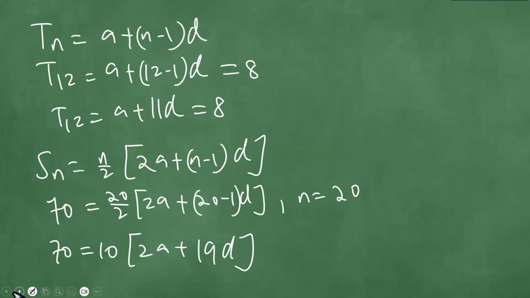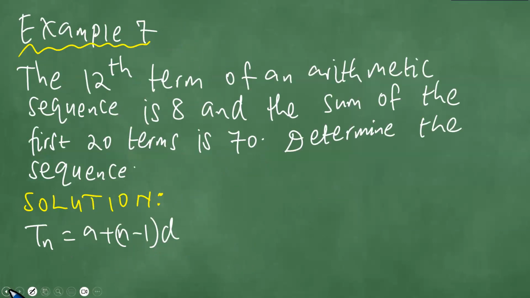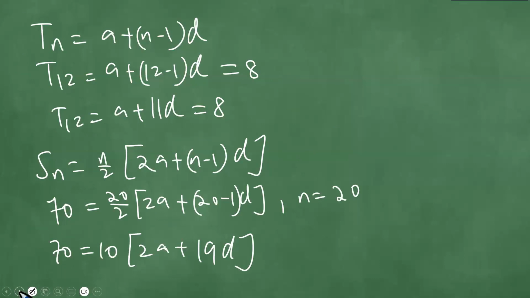So what is the question? What do we need here? Determine the sequence. To get the sequence, we have these two equations and we need to solve them simultaneously. The first equation says a plus 11d equals 8.